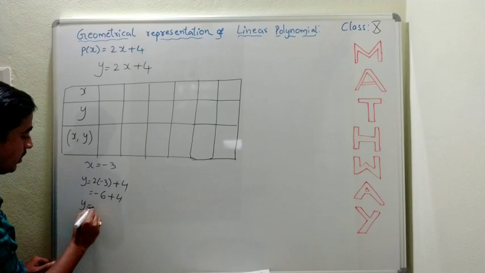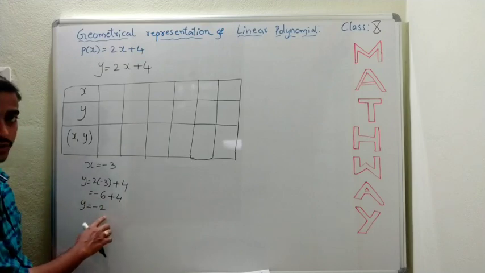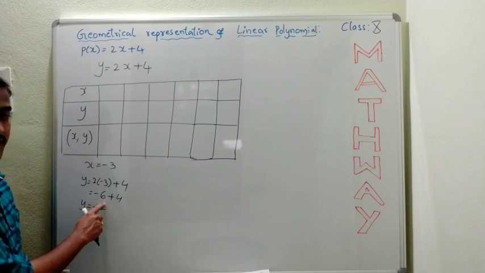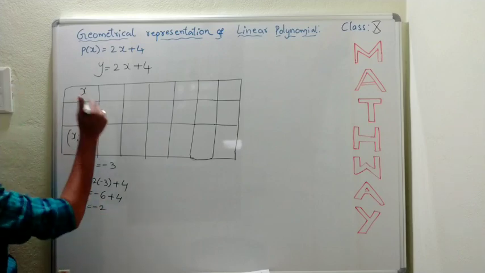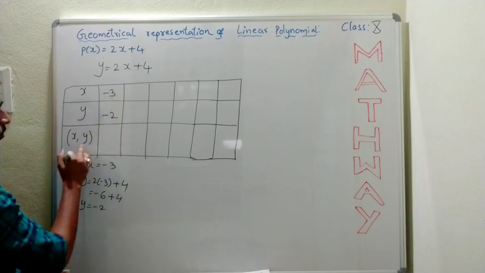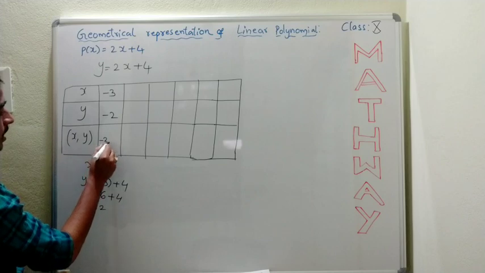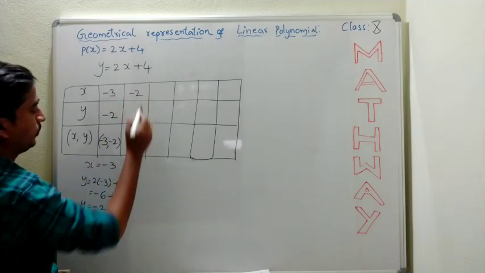Minus 6 plus 4 is minus 2: subtract 6 minus 4 is 2, and the bigger number 6 has a negative sign, so we get minus 2. So when the x coordinate is minus 3, the y coordinate is minus 2, and the point is minus 3 comma minus 2.